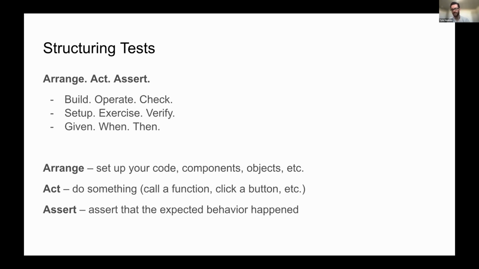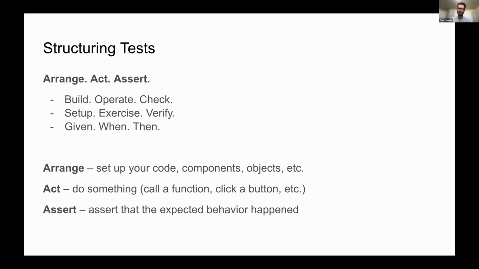If you're writing tests for front-end code, maybe you click a button, but you exercise something on that code. So you've set it up in the arrange, and now you actually do something with it in act. And then in assert, you assert that the expected behavior happened. So you called a function with this input, and now you will assert that the output equals a certain value, right?